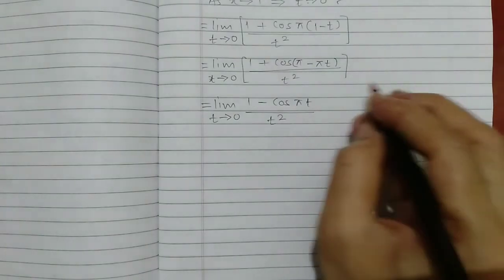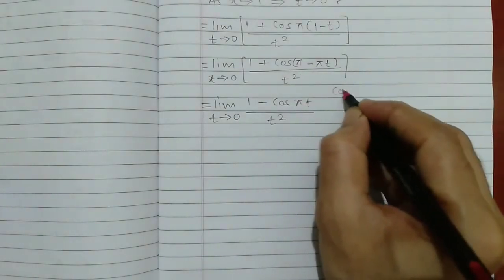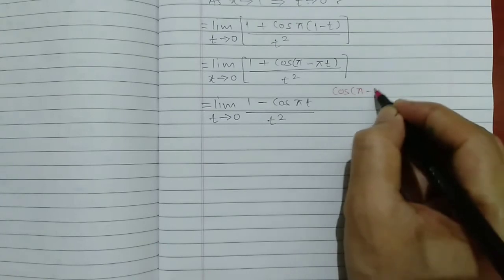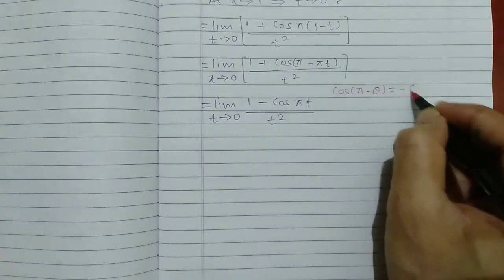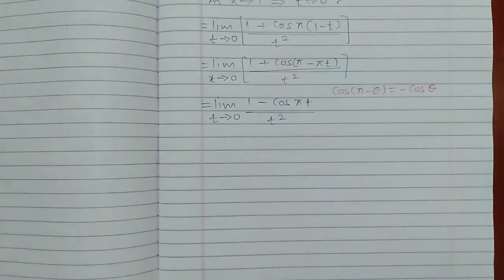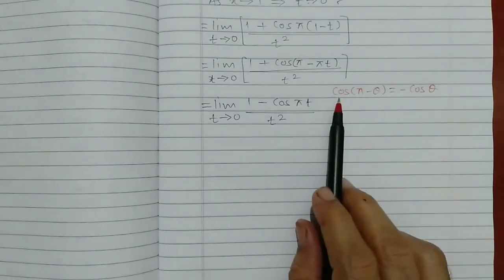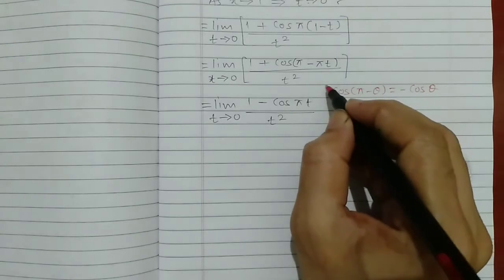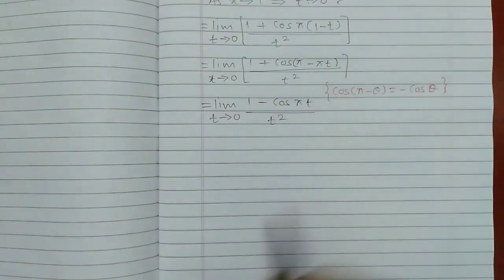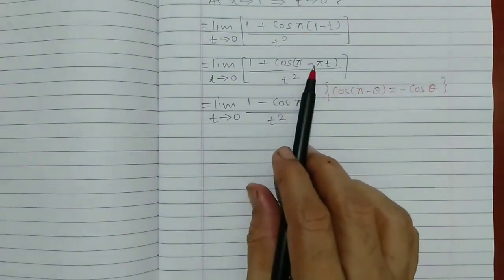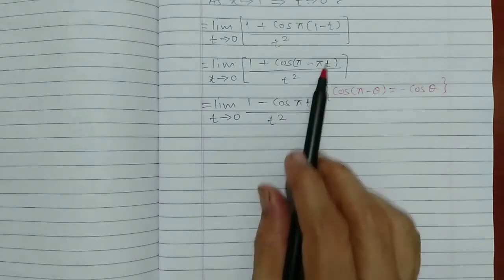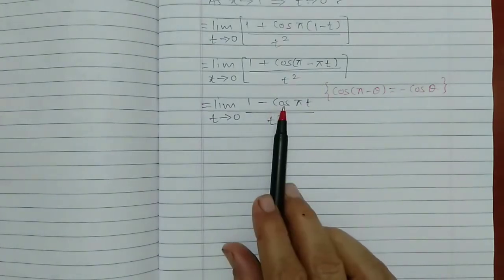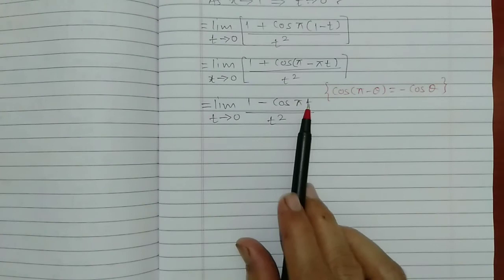Let's see. We have the formula cos pi minus theta is equal to minus cos theta. So by using this formula, I can write cos pi minus pi t is equal to minus cos pi t.